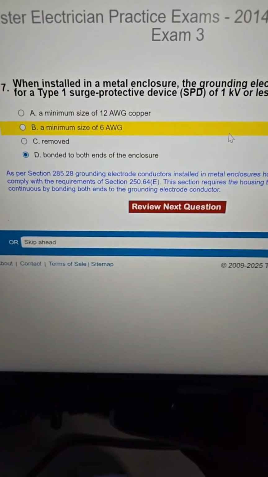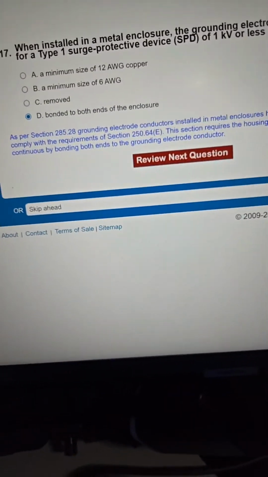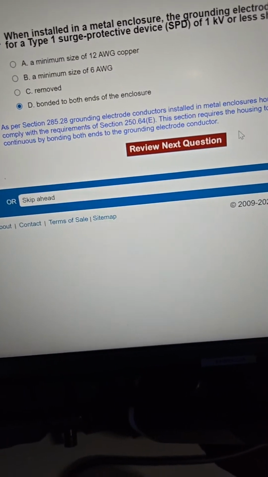I would have had to have that drawn out. I don't even know what it's talking about. I've never had an SPD in a separate enclosure.